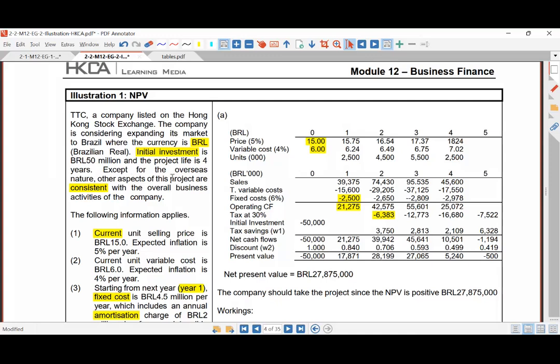They say that except for its overseas nature, being a foreign investment, which of course is different from a domestic investment, at least risk-wise, other than that it is the same as the company's business activity. So everything is the same, except that it is the overseas investment.